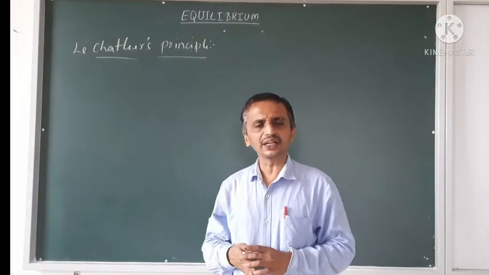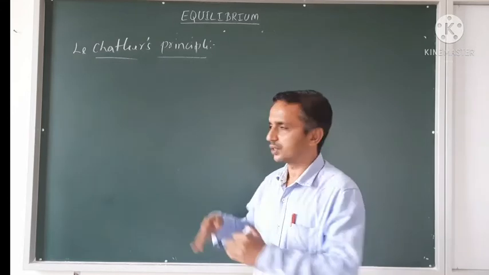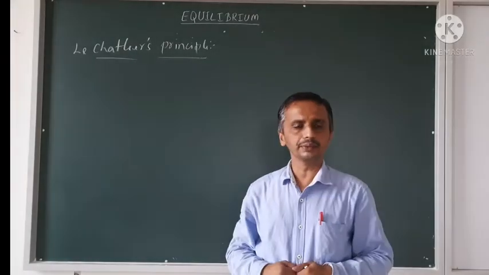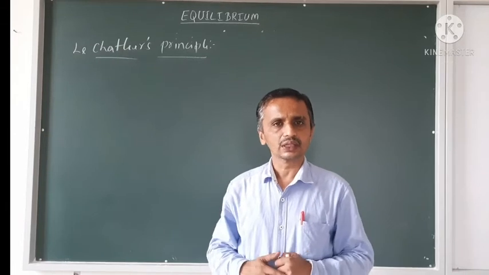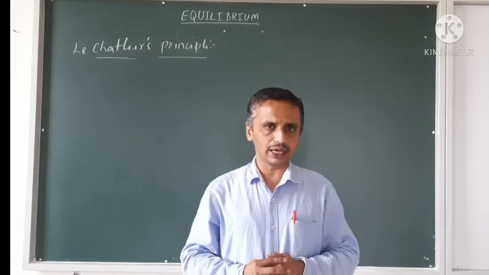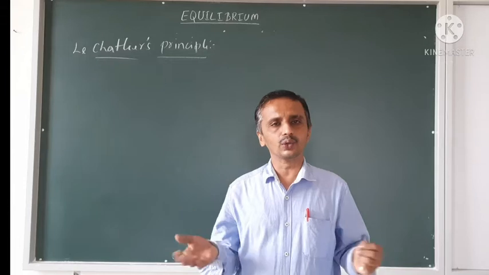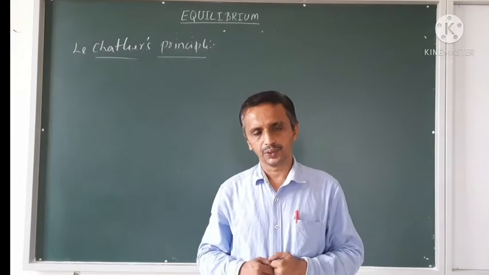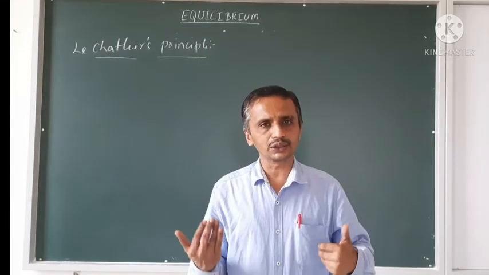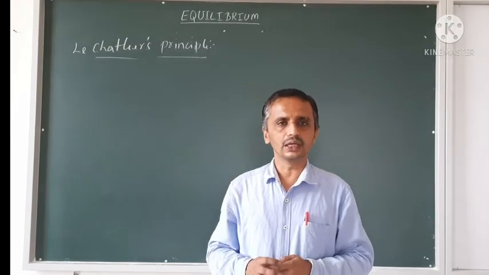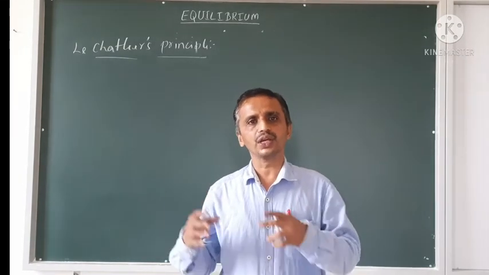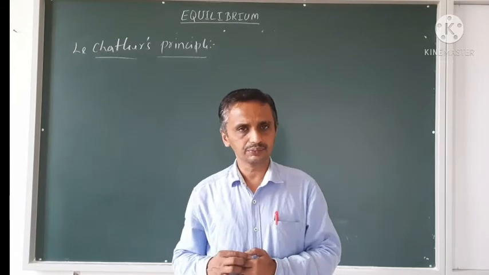See, before starting the concept of Le Chatelier's principle, I should know a few terms like exothermic reaction and endothermic reaction. During the exothermic reaction, what is the sign of delta H, which is the change in heat, enthalpy?